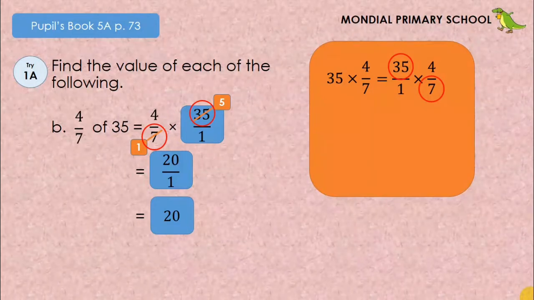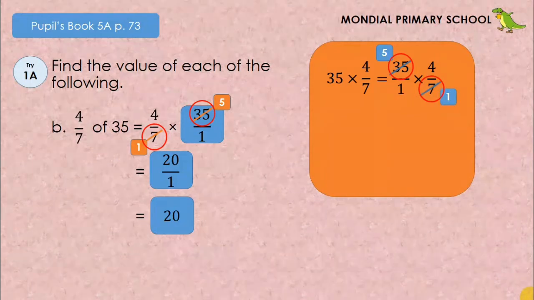So, they can be divided by 7. Absolutely. 35 divided by 7 equals 5. Cross out 35 and write 5. 7 divided by 7 equals 1. Cross out 7 and write 1. Now, what is the next step?